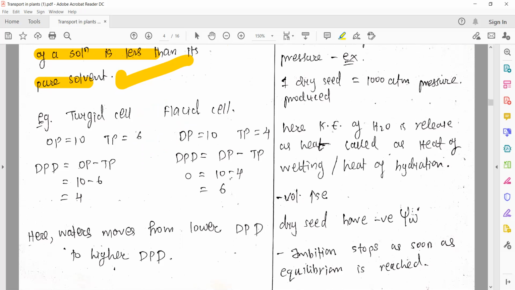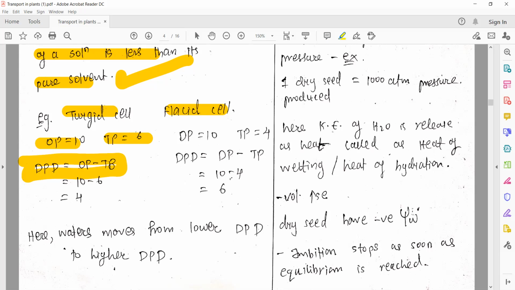As you can see on the screen, there is one example given to you. There is a turgid cell as well as a flaccid cell. Both are placed together. Now what will happen? See, the osmotic pressure for the turgid cell has been given as 10, and the turgor pressure has the value 6. And what is the formula for calculating the DPD? That is OP minus TP.